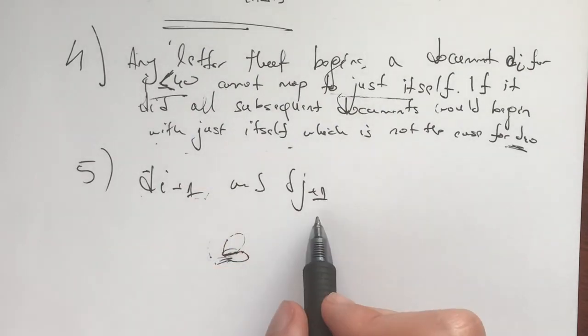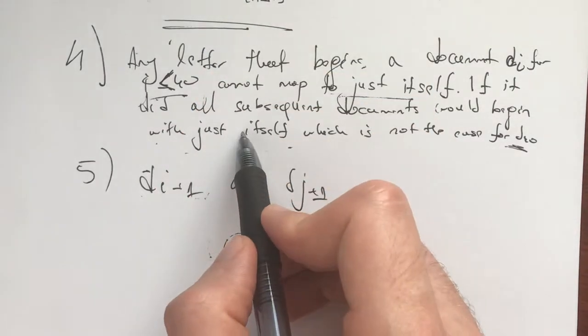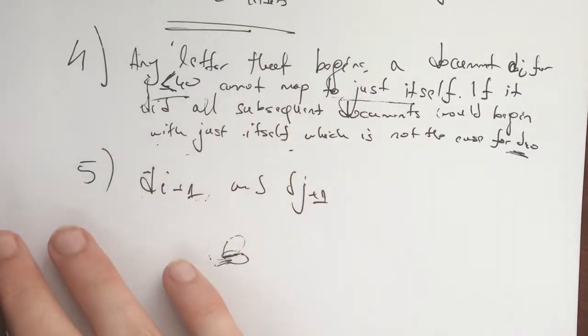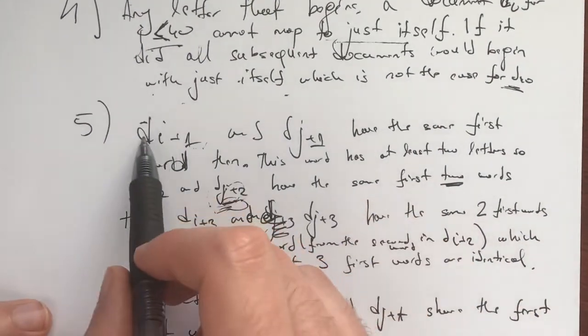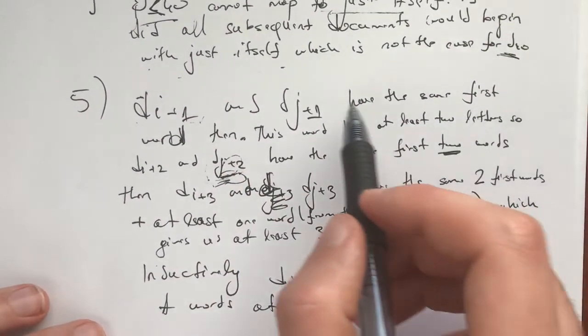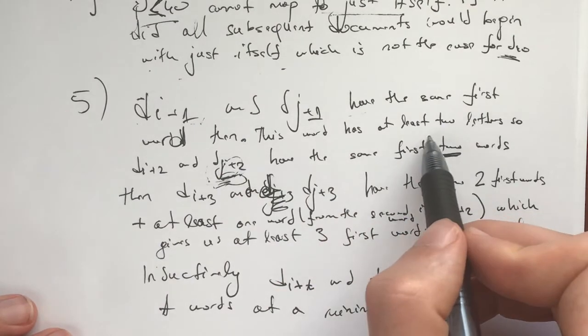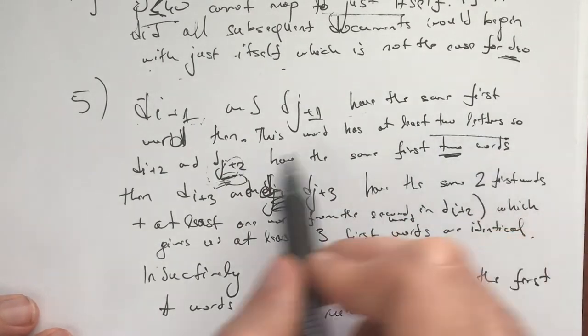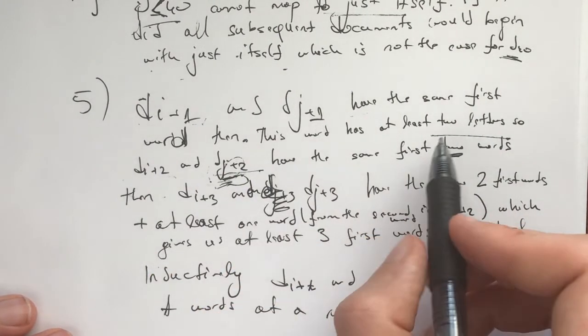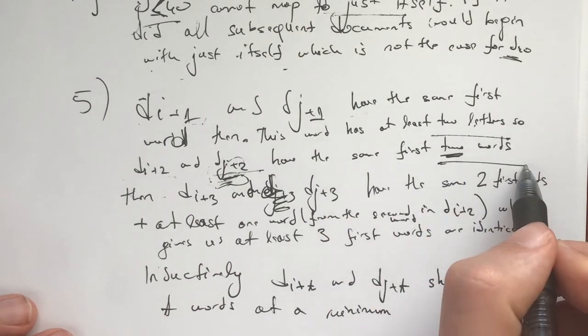But now we move on to the fifth step, which is combining these two, 3 and 4. DI+1 and DJ have the same first word. Then this word has at least 2 letters. So DI+2 and DJ+2 share the same first 2 words.